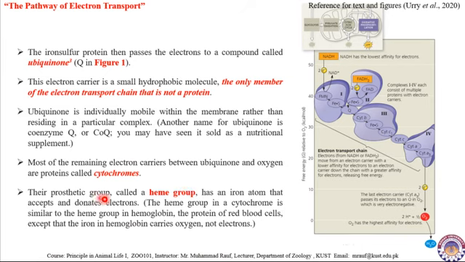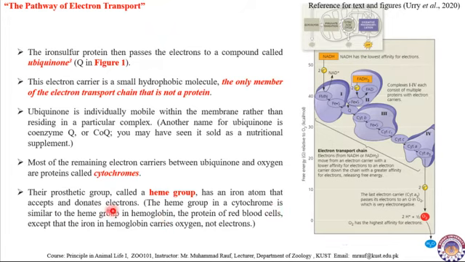Their prosthetic group is called a heme group. We are talking about cytochromes. They have a prosthetic group which is a heme group and it has an iron atom that accepts and donates electrons.